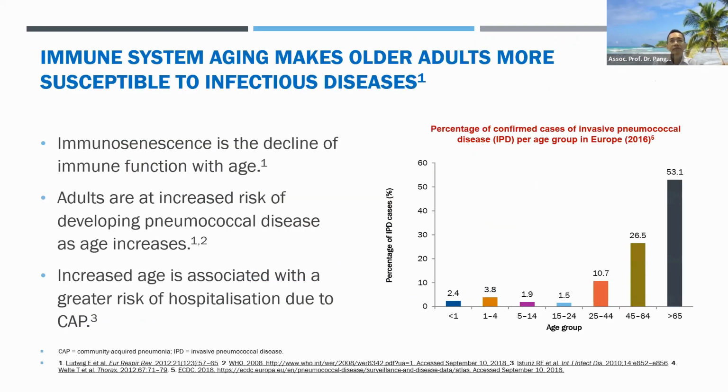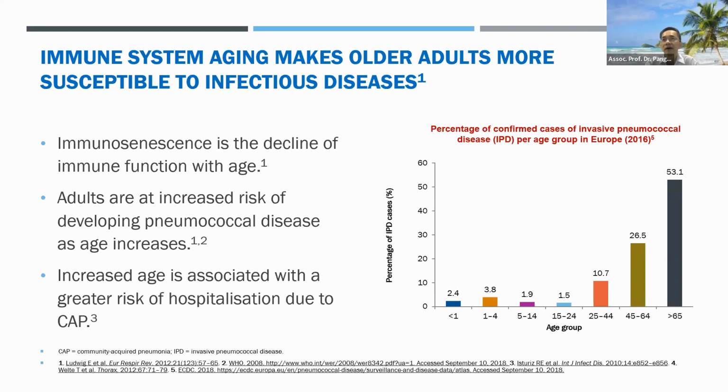Why are young children and adults our main targets? You can see from this graph, and also the explanation behind immunosenescence. That means aging of the immune system is the main contribution. So we know that adults are at increased risk of pneumococcal disease as our age increases.